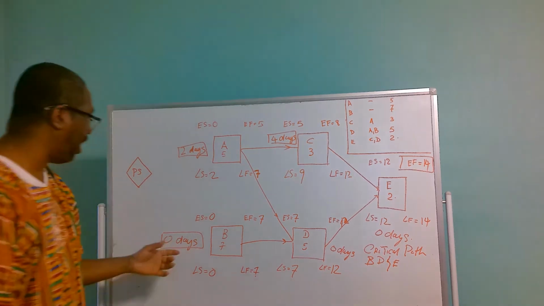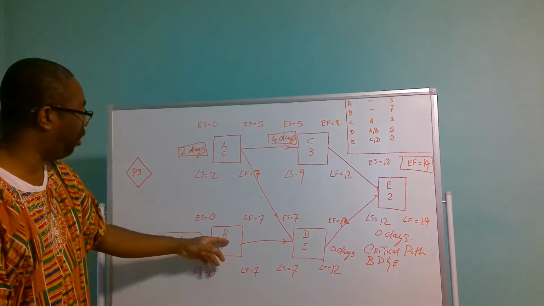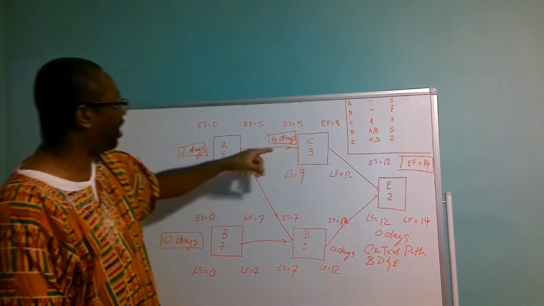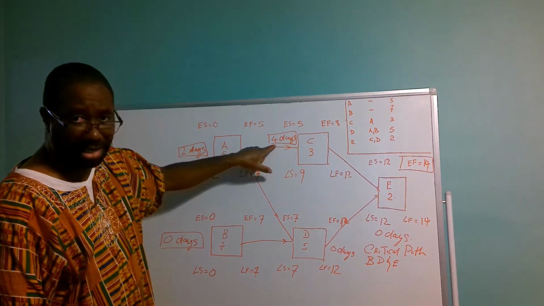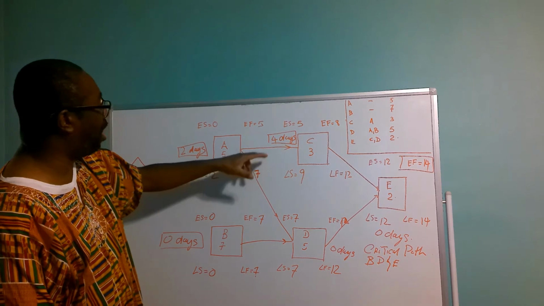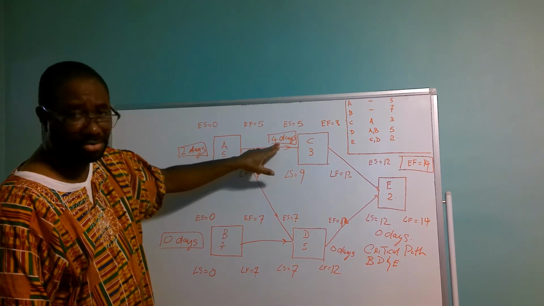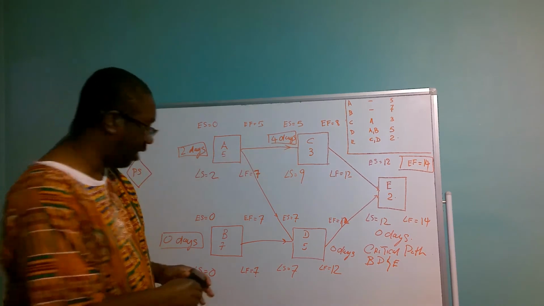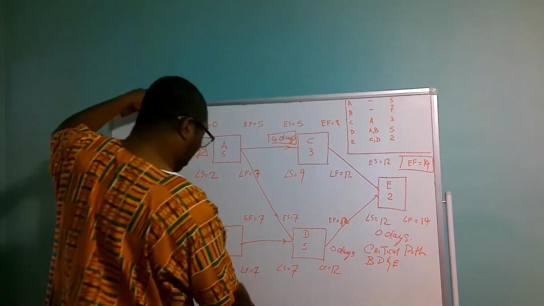Right. So activity B has no floating days, so he has to go to activity C, which has 4 floating days. He's going to borrow 2 floating days out of this 4-day float for activity C and level the labor chart.